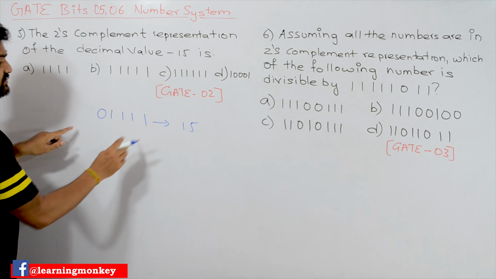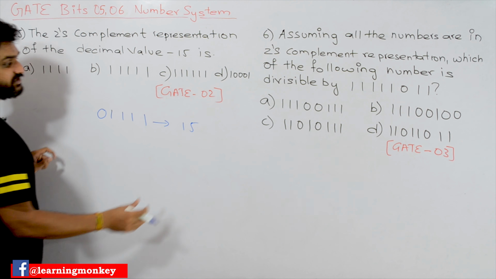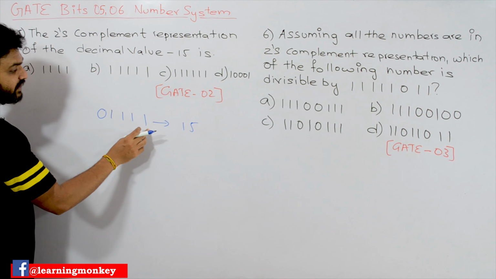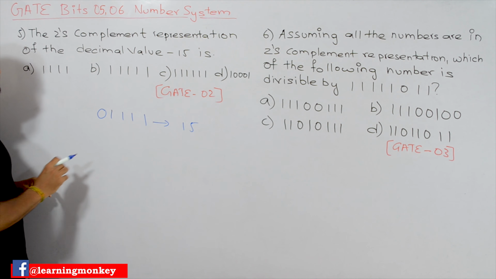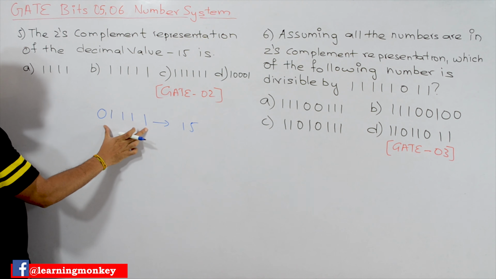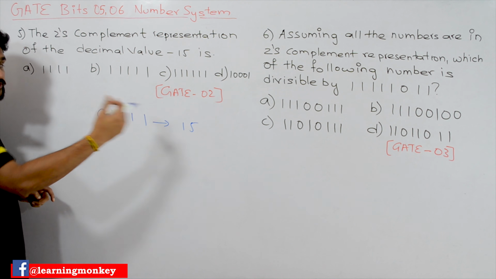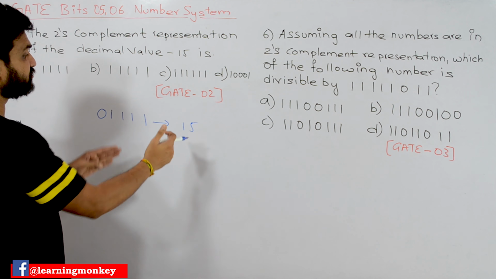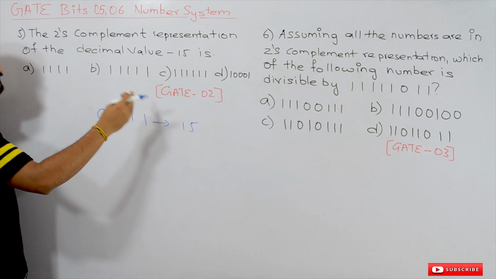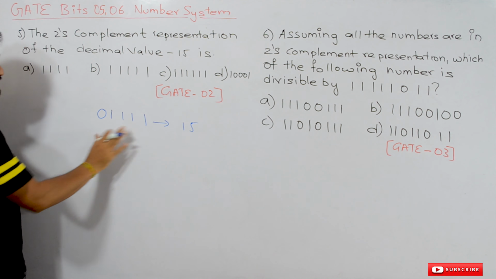If you would like to find the representation of minus 15, find the 2's complement of this positive binary representation. We are going to get the negative representation of 15, which is minus 15. So the decimal value minus 15 is represented by the 2's complement of this binary representation.